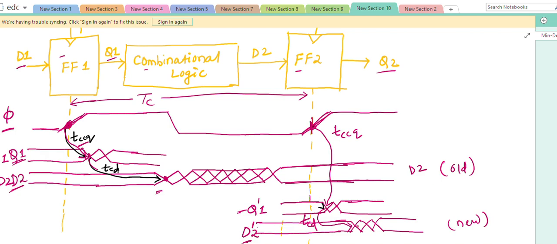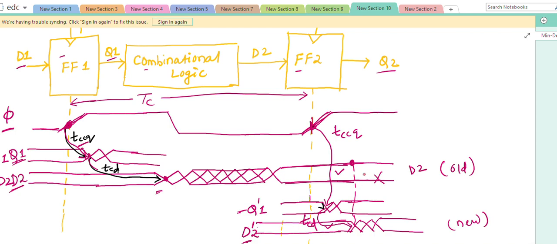So now you see here, up to this time old D2 is there. Once the new D2 is coming, this old D2 data will not exist; the new D2 will come here.